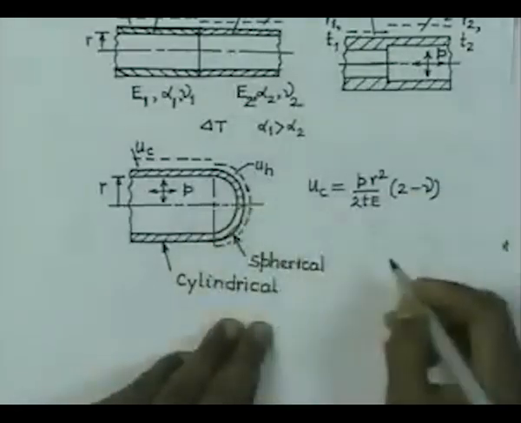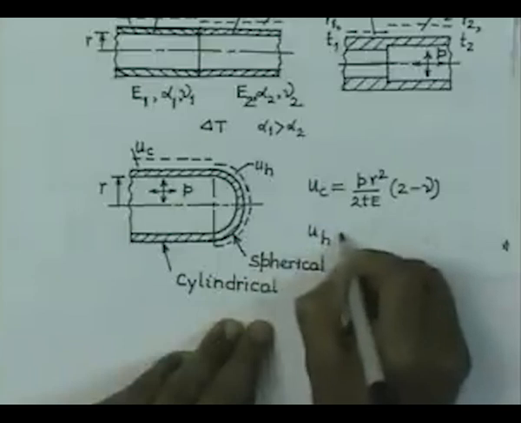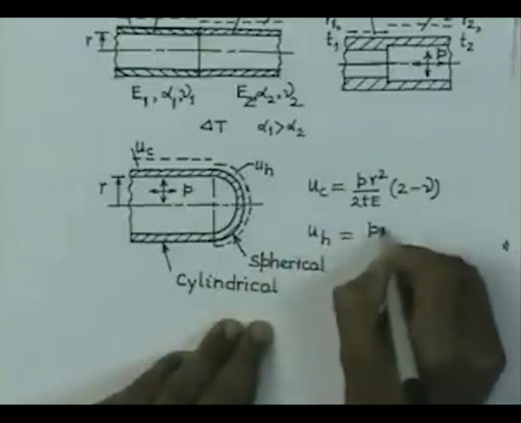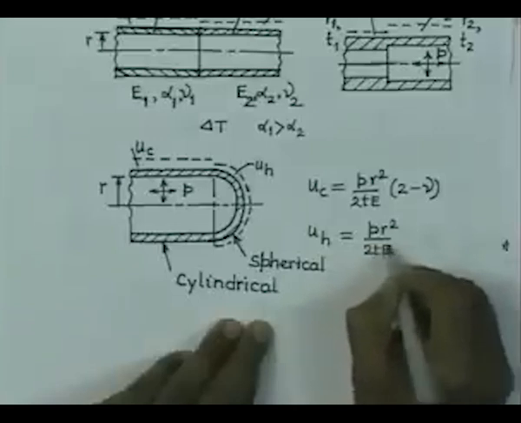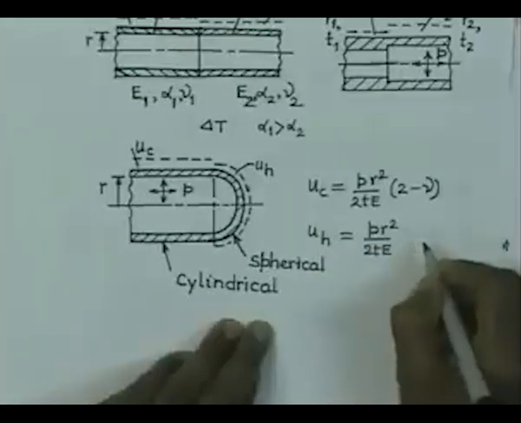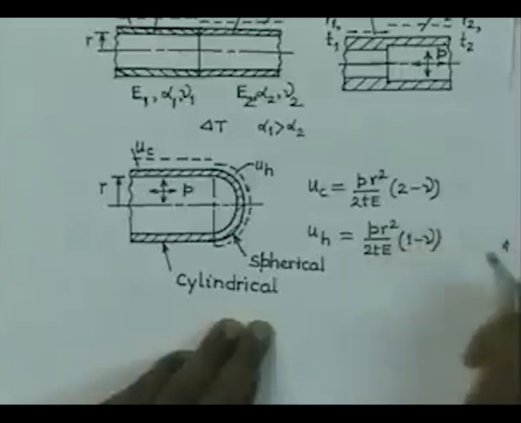And if you consider the spherical head, that spherical head is going to have expansion in the radial direction, which is nothing but PR square by 2T. In this case, both the stresses are of magnitude PR by 2T, and therefore, you will get the expansion is nothing but this much.